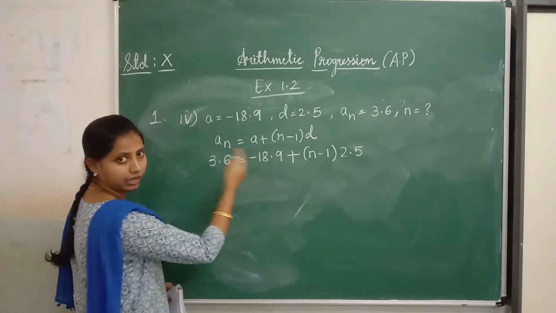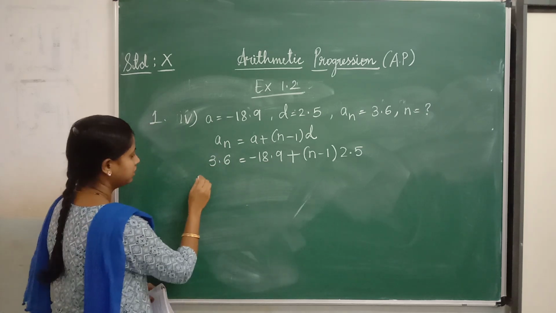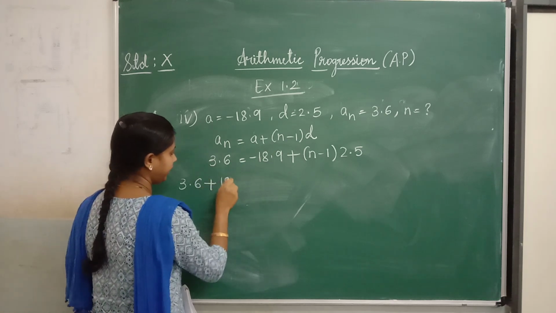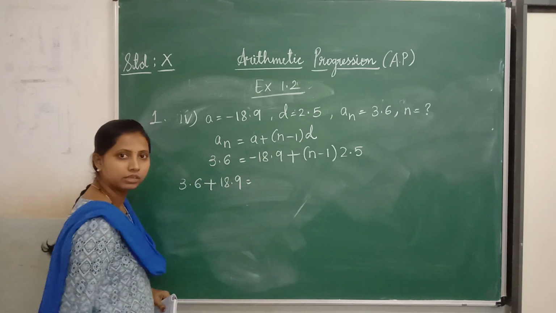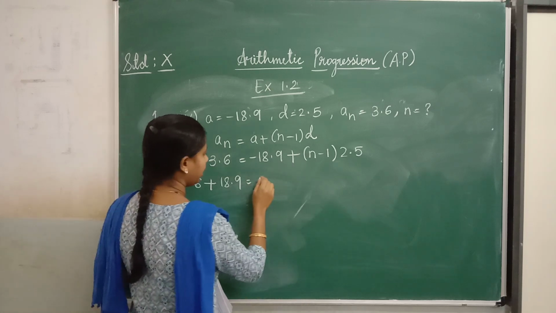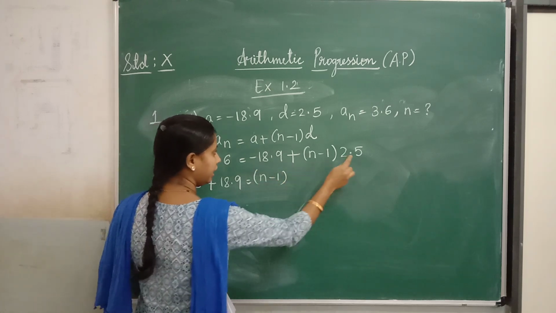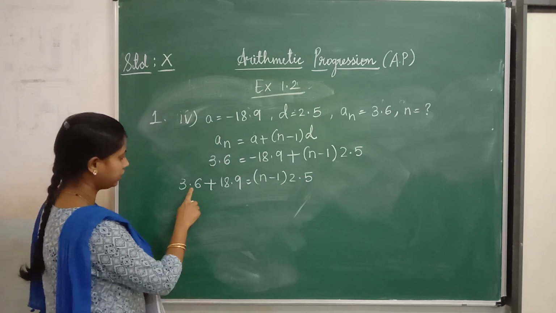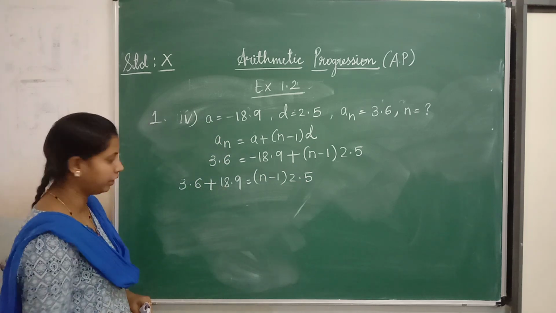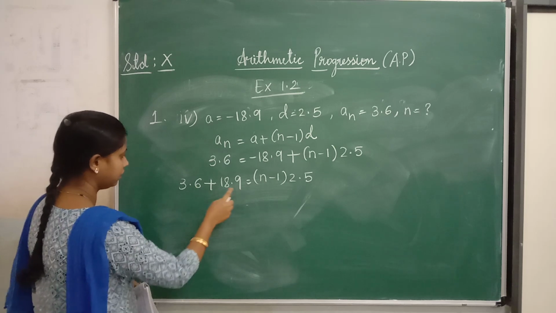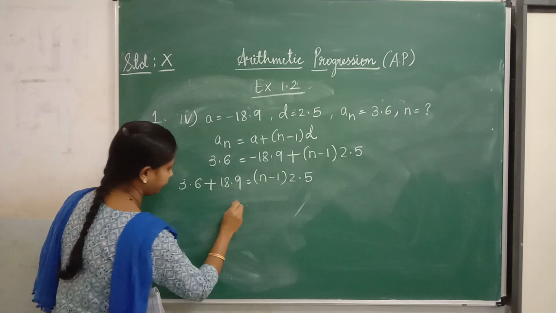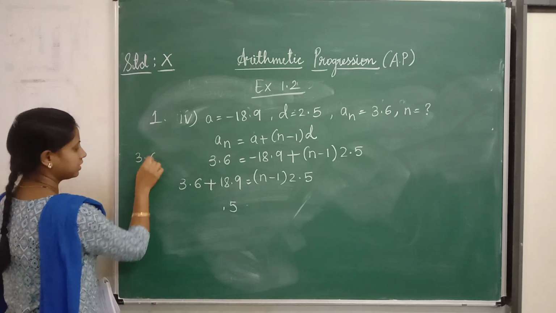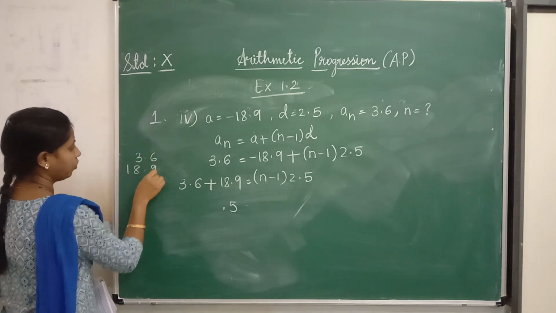Minus 18.9 I can take it to the LHS. So it becomes 3.6 plus 18.9 is equal to n minus 1 into 2.5. Write as it is. So what is 3.6 plus 18.9? Add it children. You get 22.5.